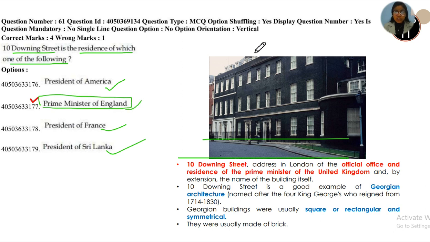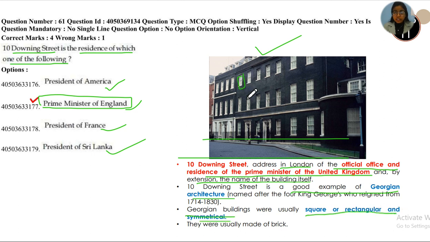So this is the image of your 10 Downing Street, which is in London, the official office and residence of the Prime Minister of the United Kingdom, and by extension the name of the building itself. Also, on the architecture side, it is a good example of Georgian architecture. Georgian buildings are usually square or rectangular and symmetrical.